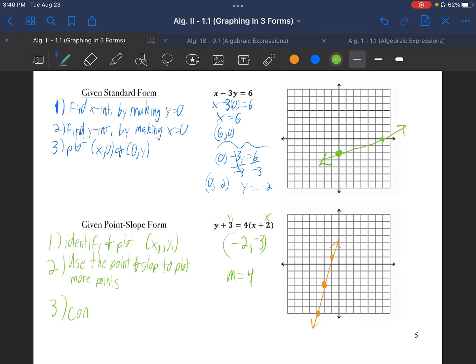Now we're going to connect it with a straight line, just like we did on the last few, with arrows, like I already did. And I actually accidentally left that off here, so I'm going to write that in now. Step 4 for standard form is connect with the straight line with arrows.